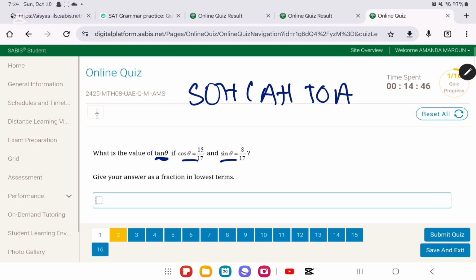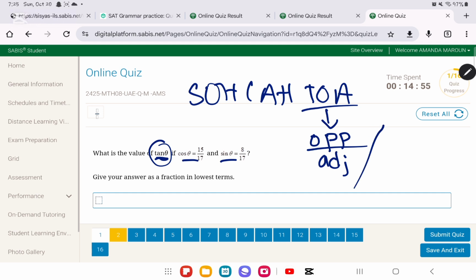Okay? So to find tangent, this is what we need to find. We can either do opposite over adjacent or sine over cosine. So here we can easily do sine over cosine because we are given the value of the sine and we are given the value of the cosine.